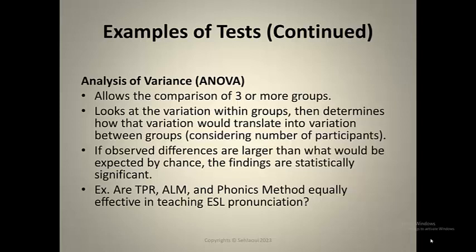So if observed differences are larger than what would be expected by chance, the findings are statistically significant. An example from TESOL and applied linguistics would be: are TPR, ALM, and phonics method equally effective in teaching ESL pronunciation? So this is an example of a question that will be answered using ANOVA.